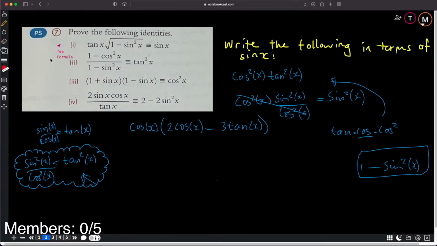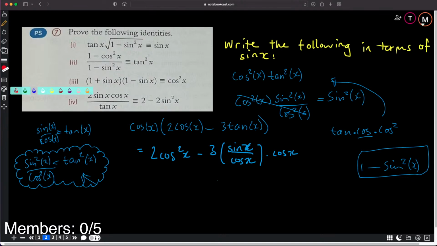Well, we could expand the brackets. I guess that's what we'll do. Probably the best, isn't it? If we expand these brackets, we're going to get 2 cosine squared x. And then I'm going to write the tan in terms of sine and cosine. So this is 3 sine over cosine multiplied by cosine.